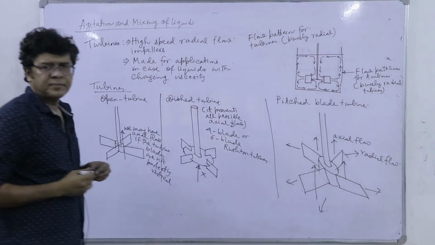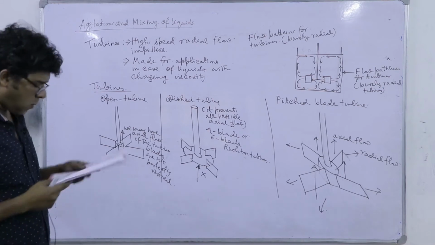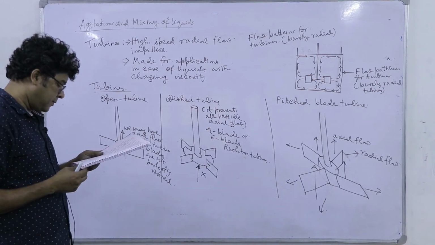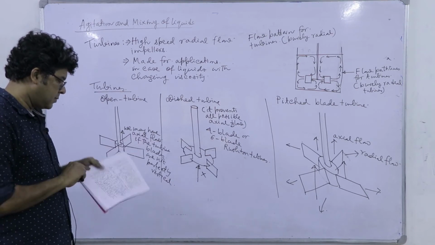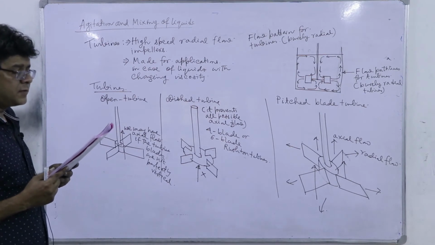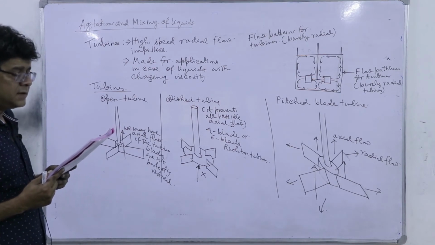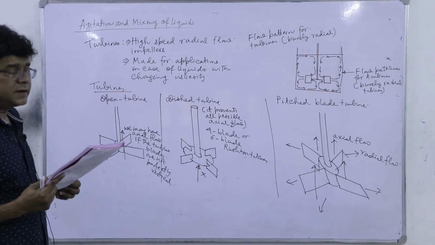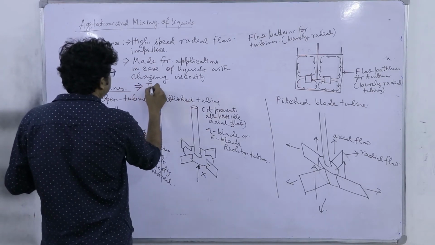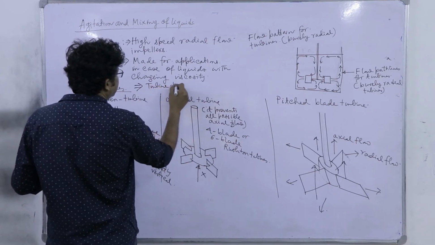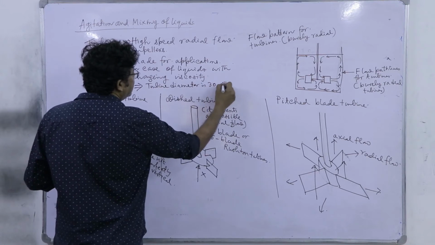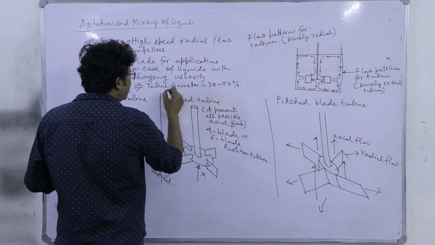Here, the diameter of the impeller is smaller, with the paddles. Generally, the turbine diameter is 30 to 50% of the vessel diameter.